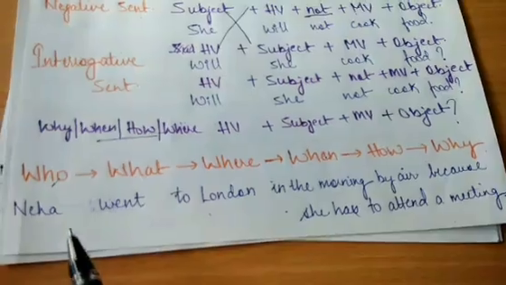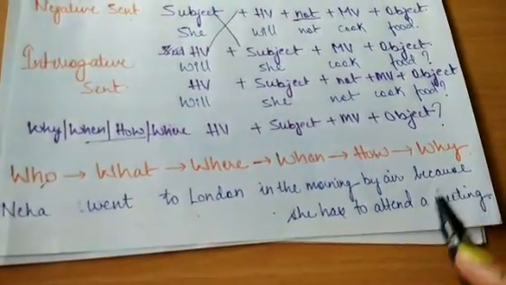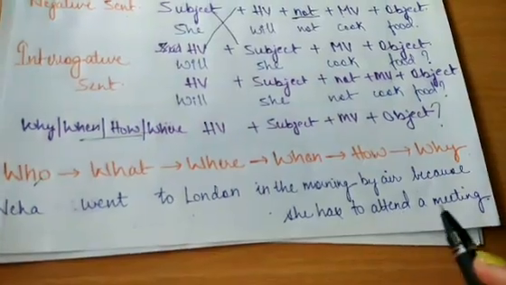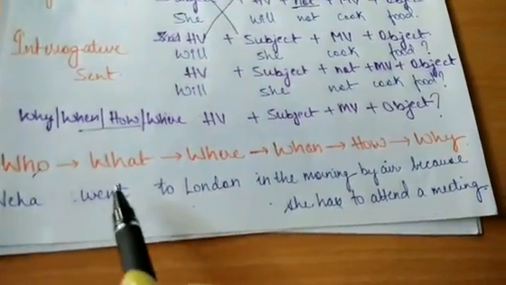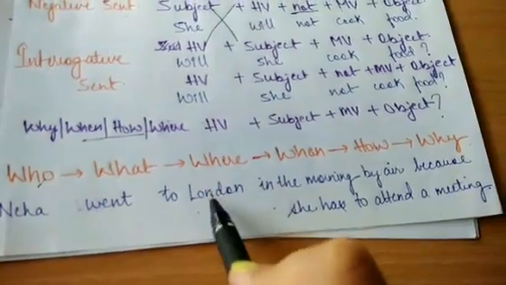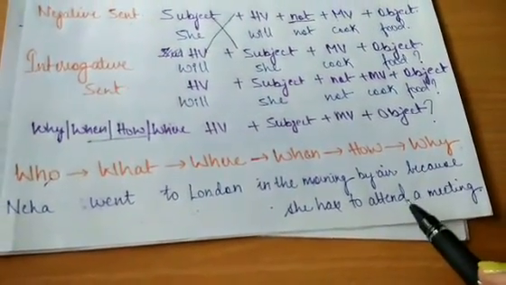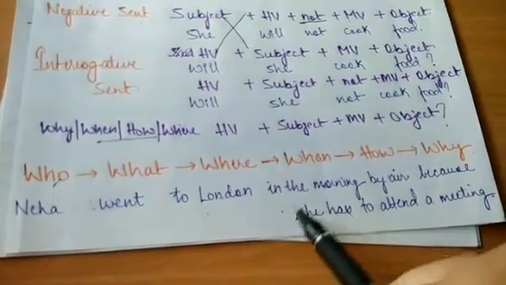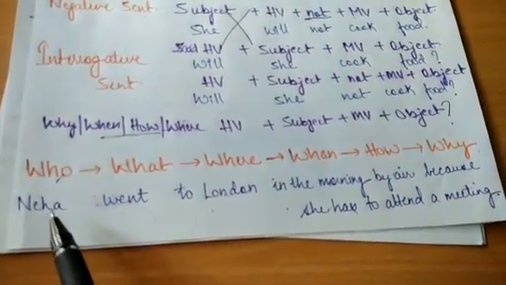Taking an example here: Neha went to London in the morning by air because she has to attend a meeting. This is a sentence which has who, what, where, when, how and why. So this is the exact sequence that we'll follow while speaking or forming a sentence.